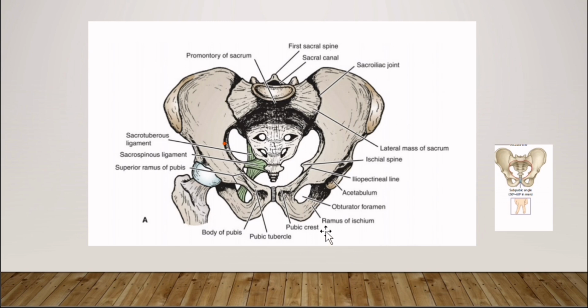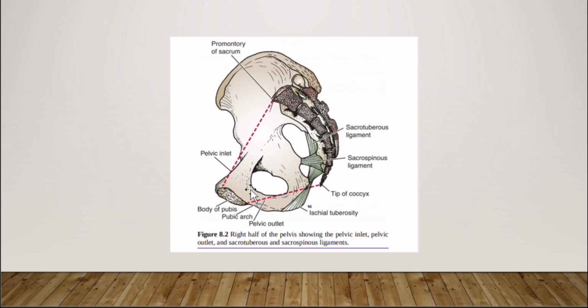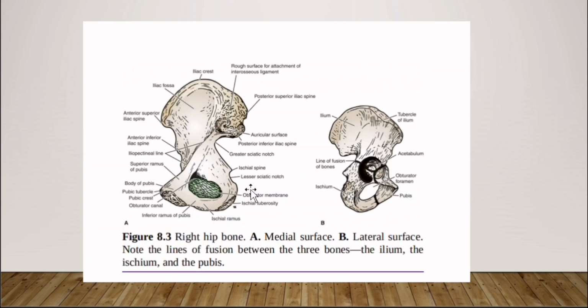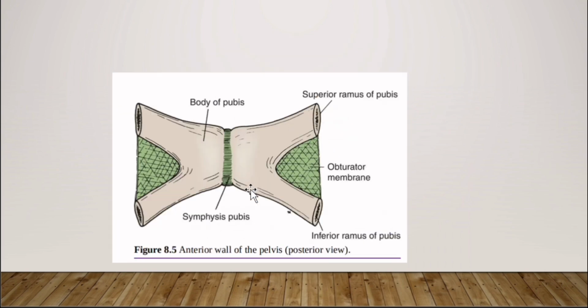Another anterior view. So we should appreciate the walls of the pelvis. This is the anterior wall. We are seeing it from the posterior view, the anterior wall. It's formed from the body of the pubis, the pubic symphysis, and the obturator membrane.